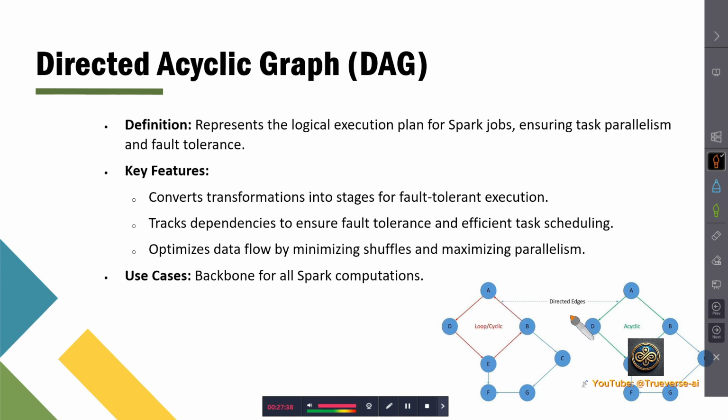So this is the directed, right? But when we say some sort of directed which is acyclic, means only direction start and never back to the same node. So this is the characteristic of DAG.